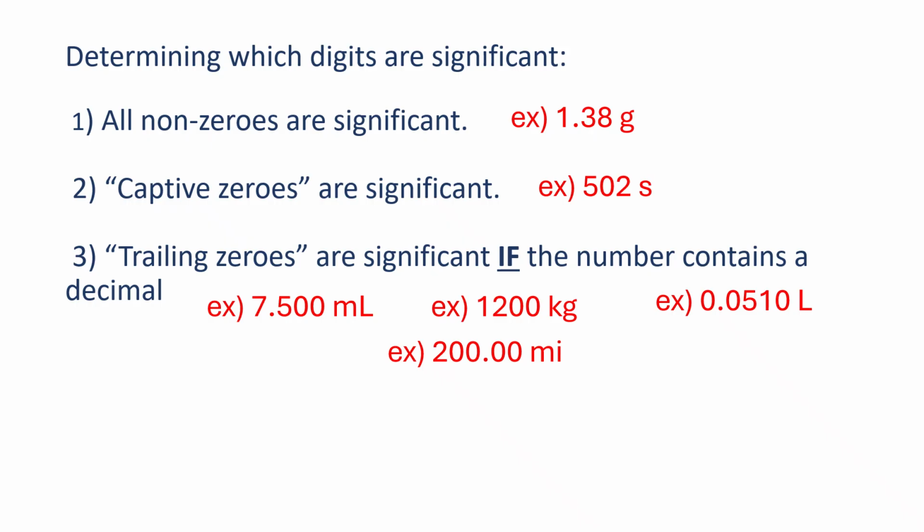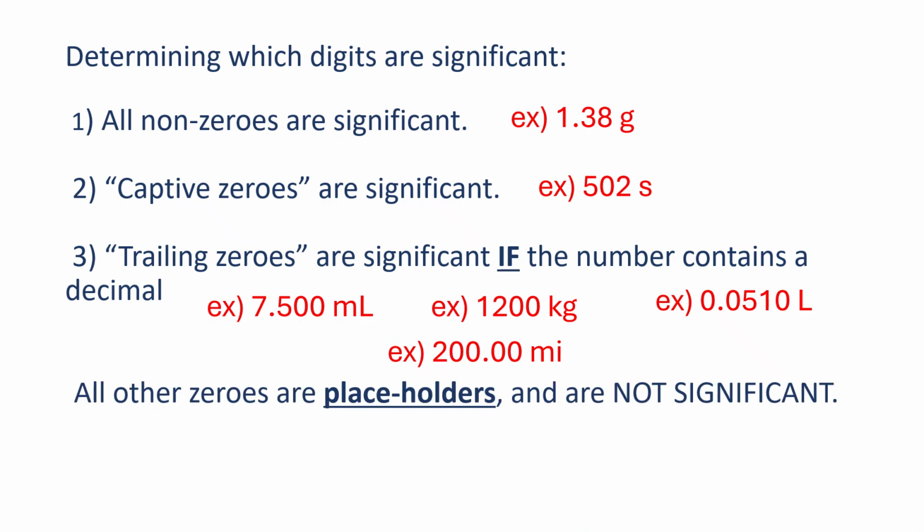It doesn't matter whether they're to the left or to the right. They're after the last non-zero, so they are all trailing zeros, and the number contains a decimal. So it doesn't matter which side of the decimal they're on. If they're trailing zeros and the number contains a decimal, which is the case for all 4 of these, they are considered significant.